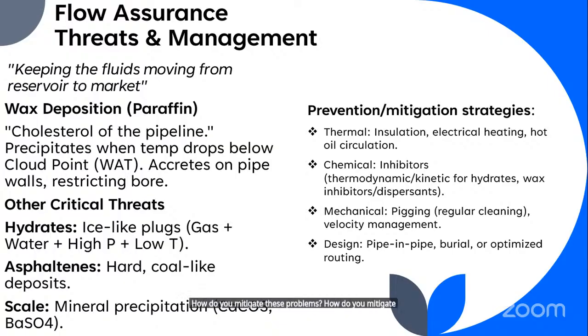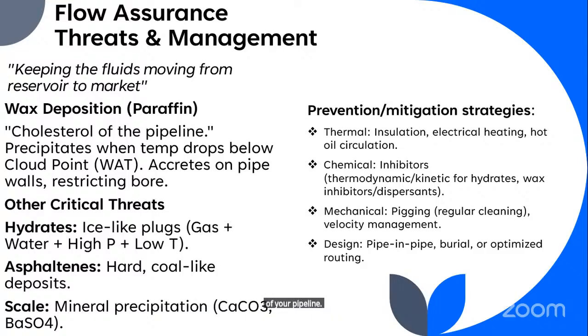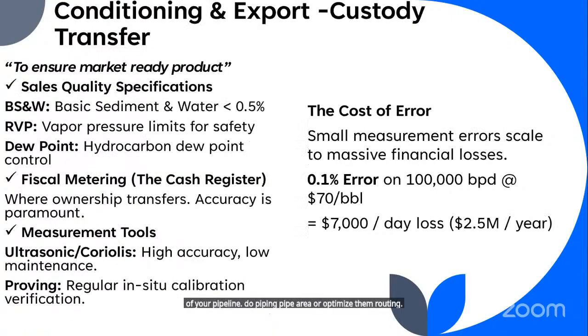You can carry out thermal insulation and electrical heating of the fluids, or you can use chemicals by bringing chemical inhibitors into your fluid, mechanical use of pigging, which is regular cleaning of your system, then design of your pipeline. You do pipe in pipe, or optimize routing of your fluids.